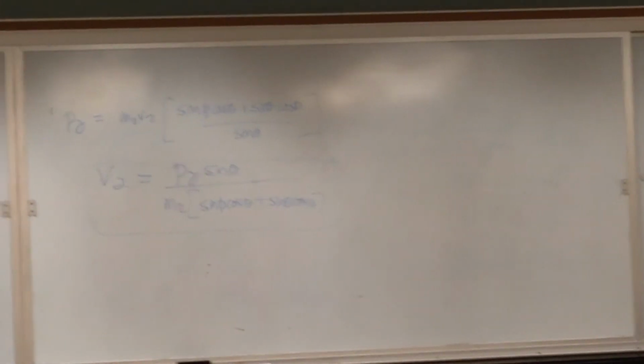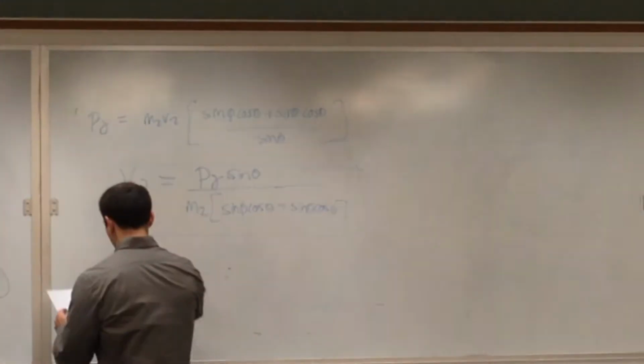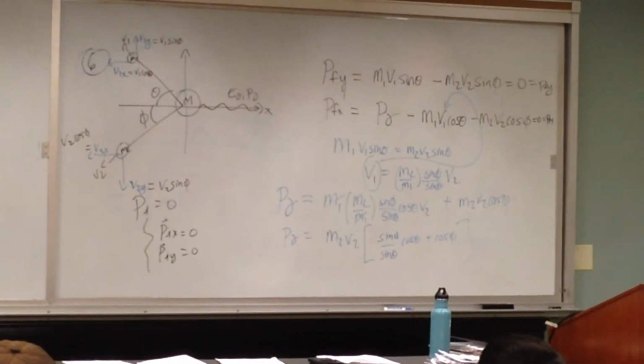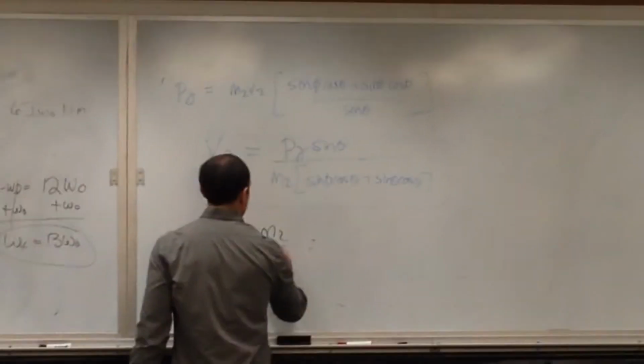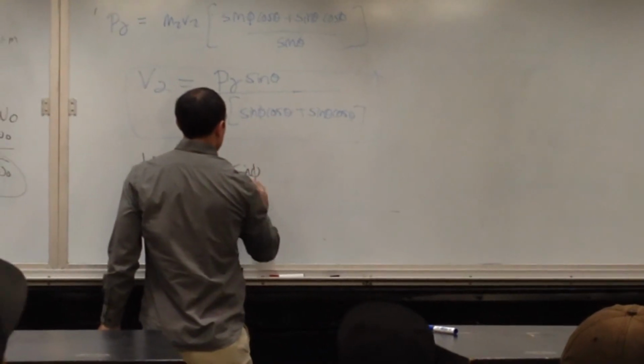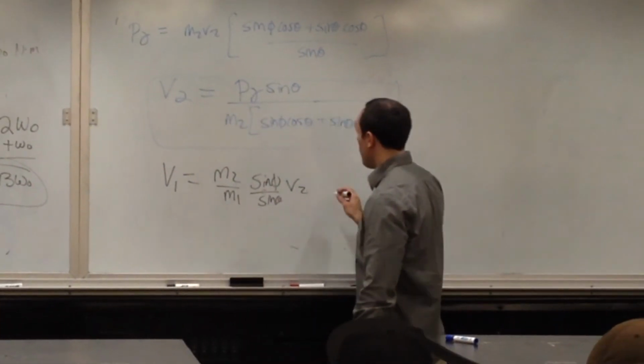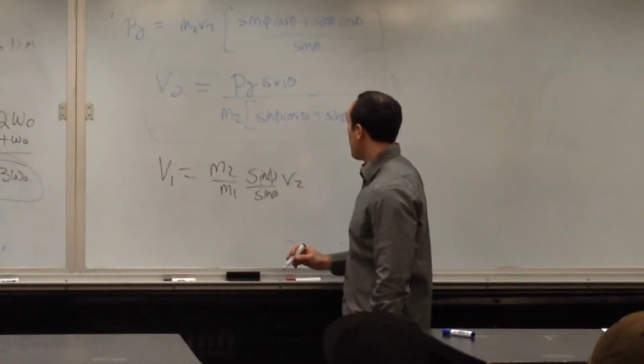Finding v1 is much simpler now, because we already have an equation which relates them. We have that equation: v1 is equal to m2 divided by m1, sine of phi divided by sine of theta, times v2. Let me just write it there to remind you. If I input v2 here, notice what's going to happen.